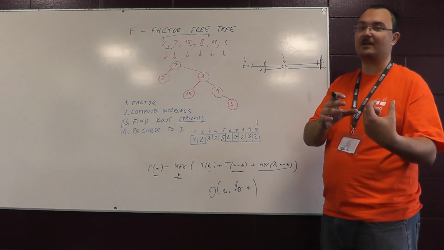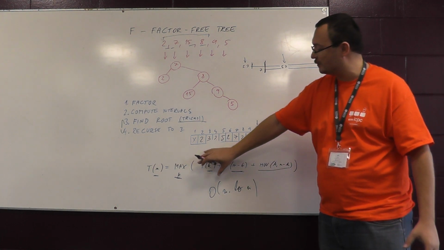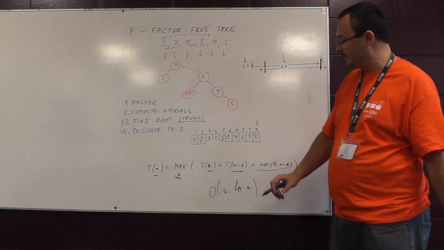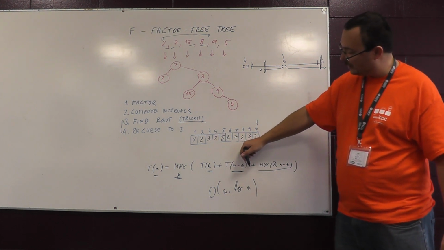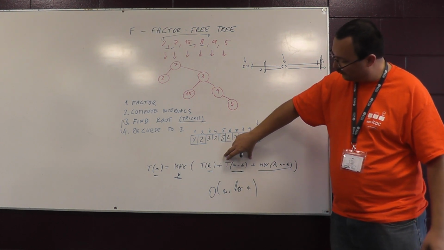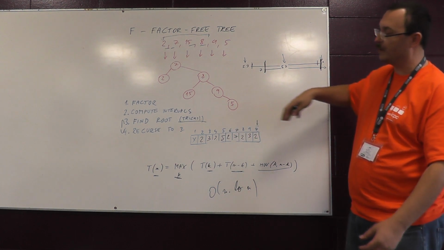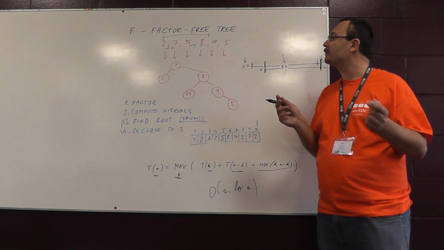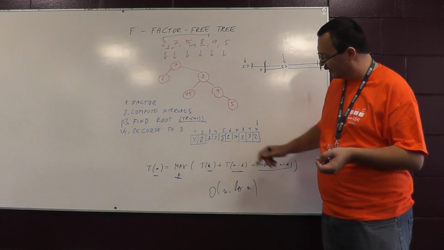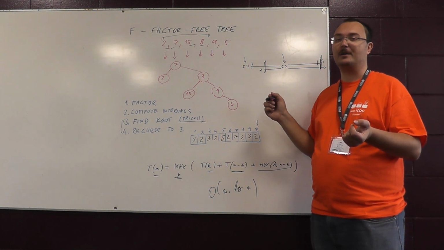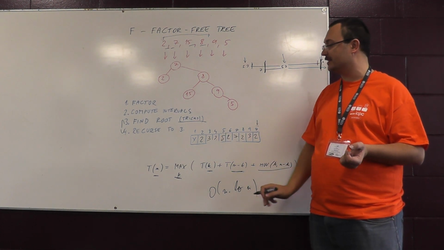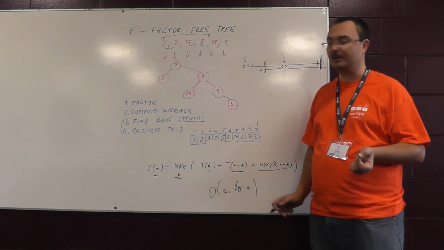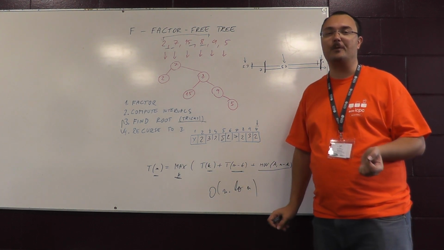You decrease the size of the problem at least by half, so this branch will end in logarithmic time. And for the larger one, you can just view solving it as continuing solving on the same level. I know I didn't explain it properly, but this is the general idea behind the proof, that it can be shown that in all cases this particular recurrence has the solution O(n log n), and that's everything for problem F.